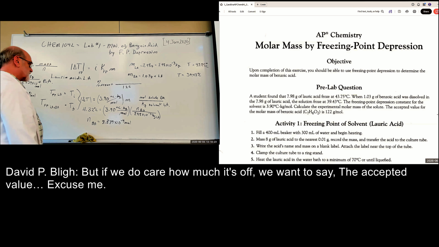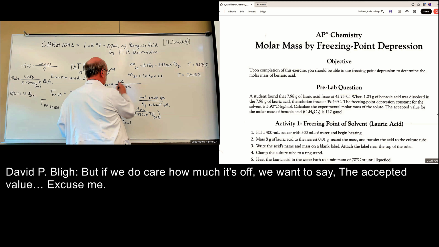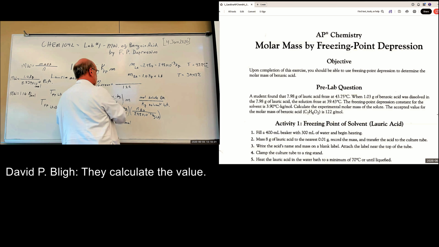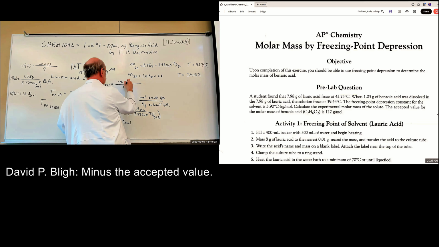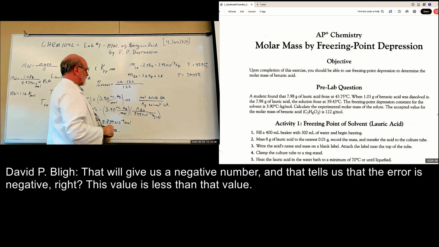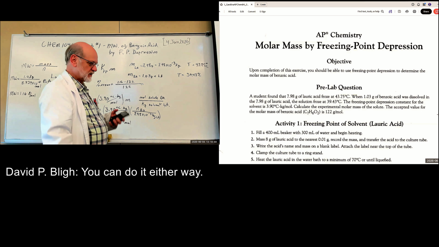But if we do care how much it's off, we want to say the calculated value minus the accepted value. That will give us a negative number, and that tells us that the error is negative, right? This value is less than that value. You can do it either way.